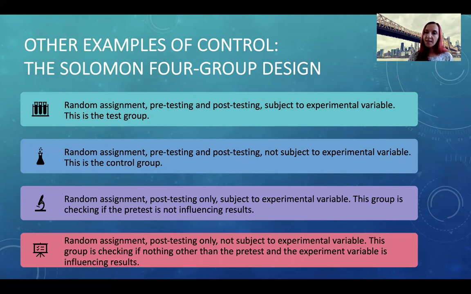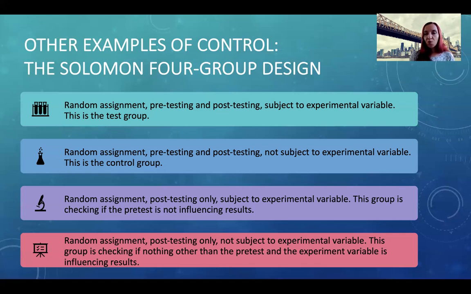So just think of this example about taking a test in, let's say, biology, and then reading the textbook, and then taking the test again and see if you are able to obtain higher scores. So how do these 4 groups differ with respect to the treatment they're exposed to, what is their role in the experiment, what is it that they're supposed to do in experiments? So there is first random assignment.